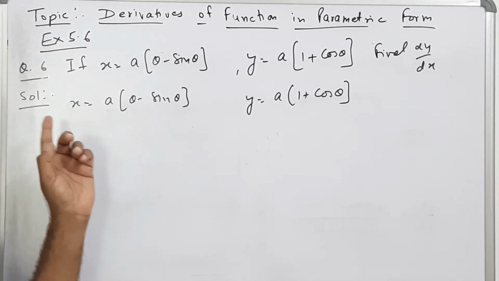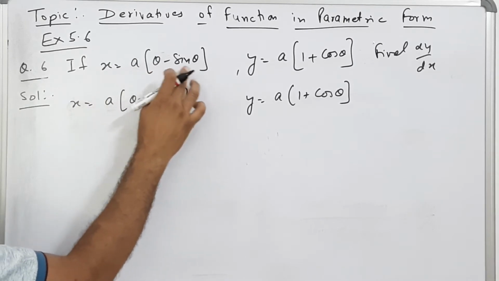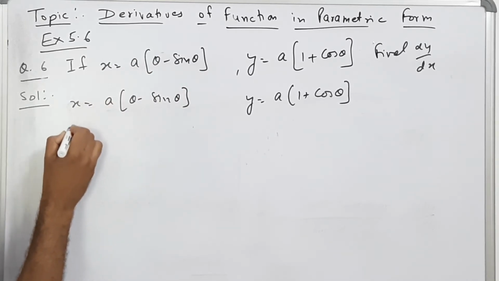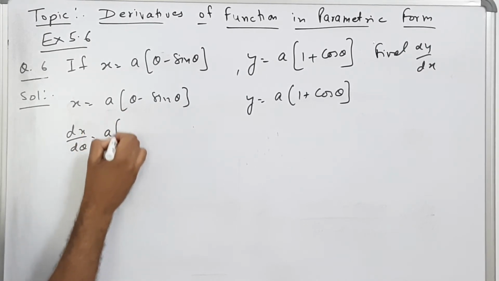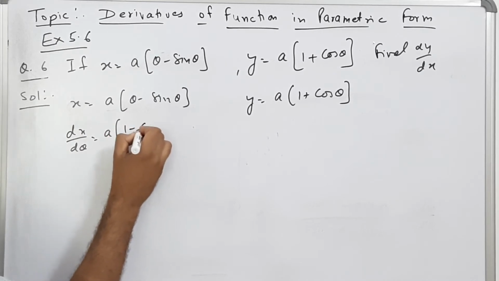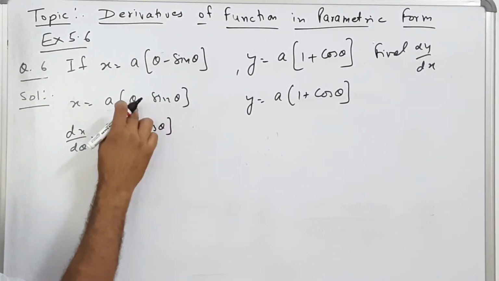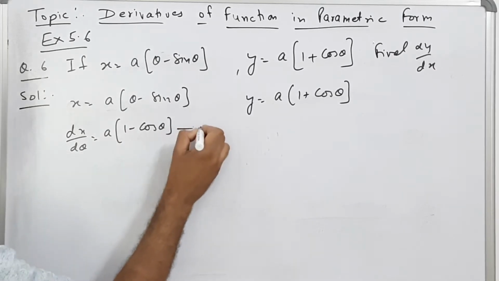Yes, now problem number 6. If x equals a theta minus sin theta, then what is dx by d theta? A will remain as it is because it is a constant, and this is 1 minus cos theta. Theta will be 1 and sin theta will be cos theta. So that is the first part.